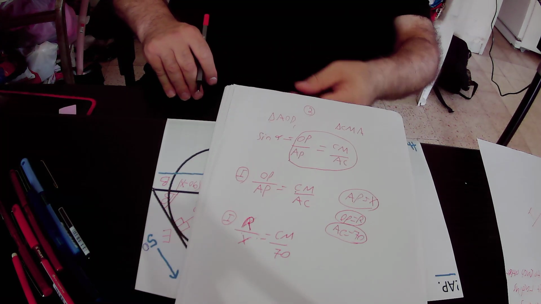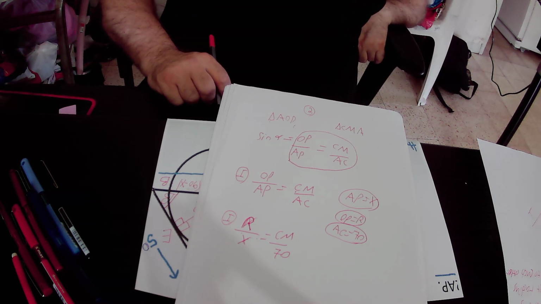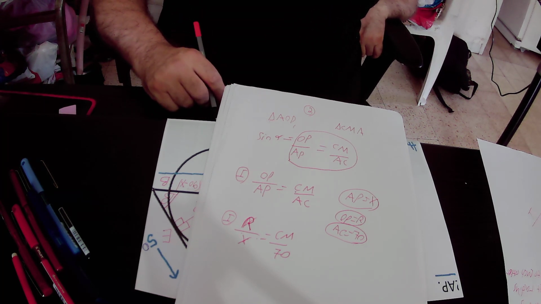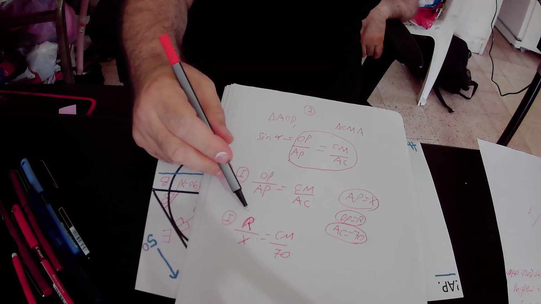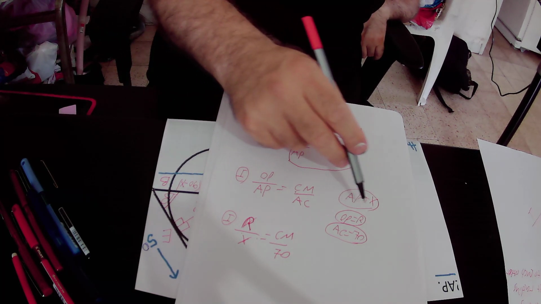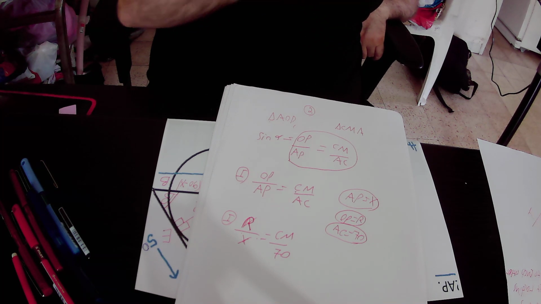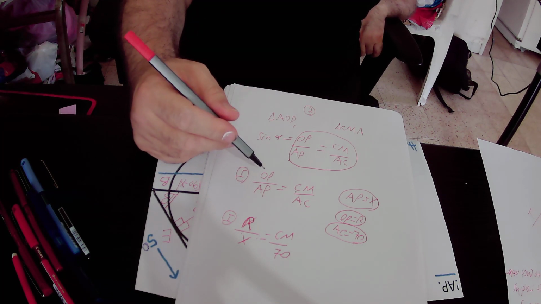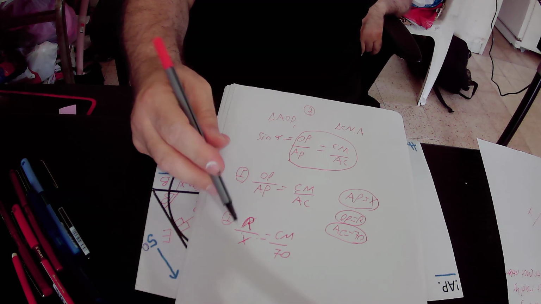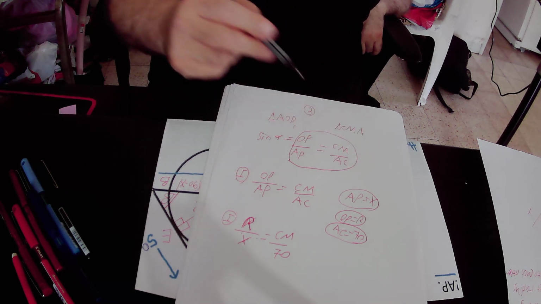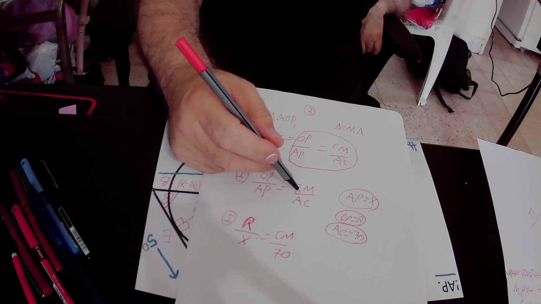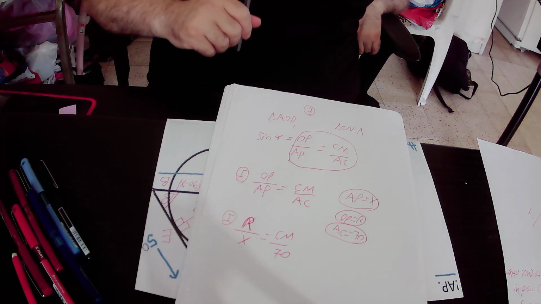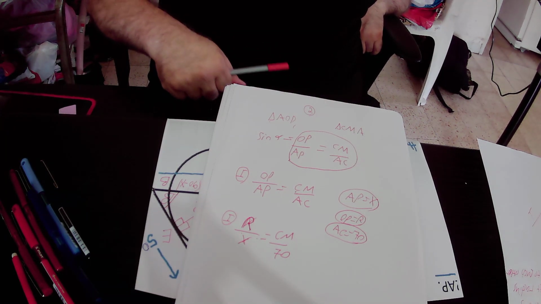So actually I substituted OP by R because OP equals R, and I substituted AP by X because AP equals X, and I also substituted AC by 70 because AC equals 70.